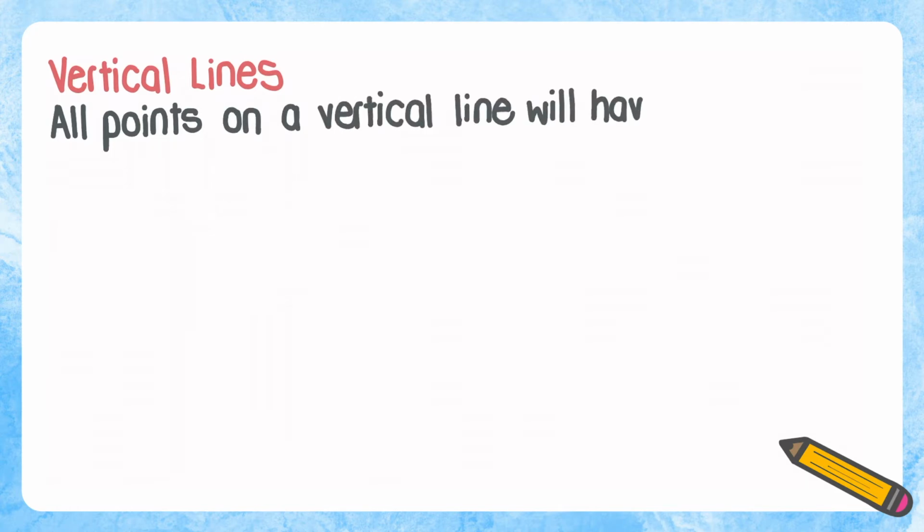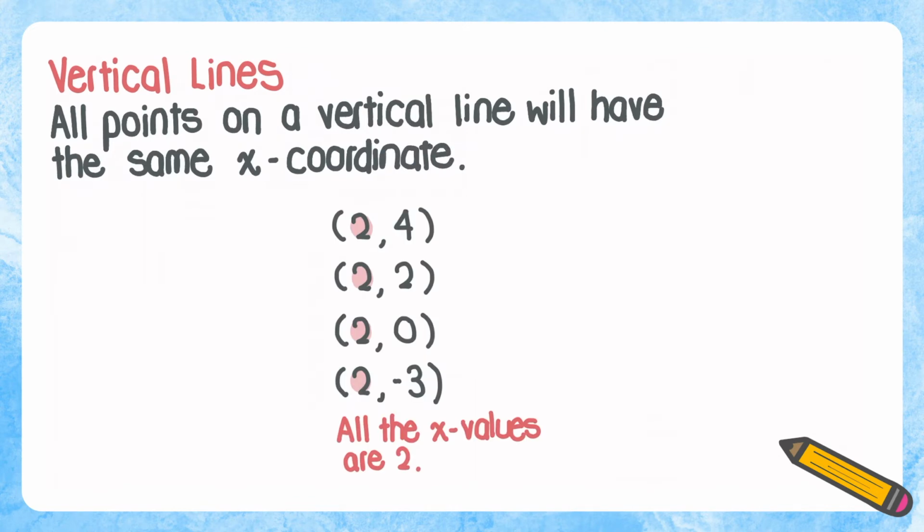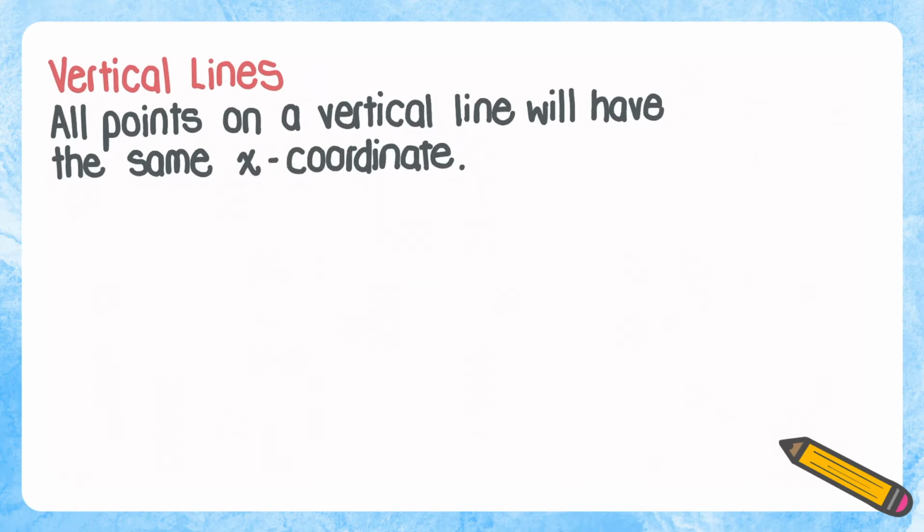As we noticed earlier, all points on a vertical line will have the same x-coordinate. In the earlier observation, the x value was all 2. So all points on a vertical line have the same x value.